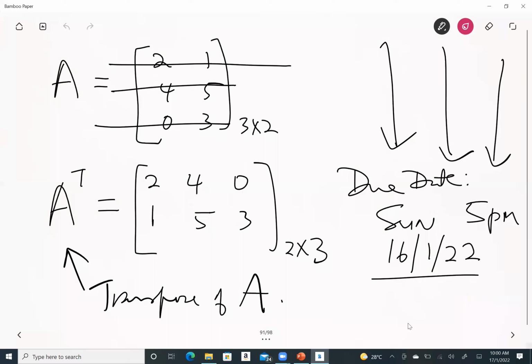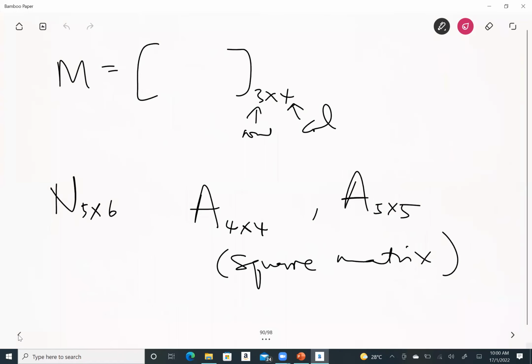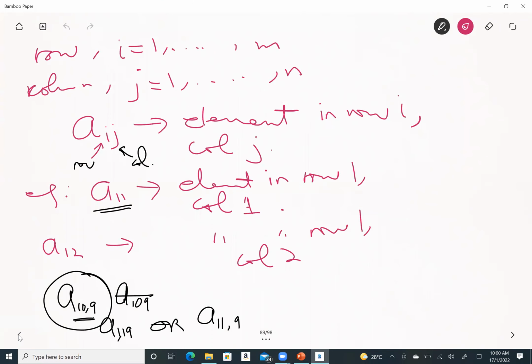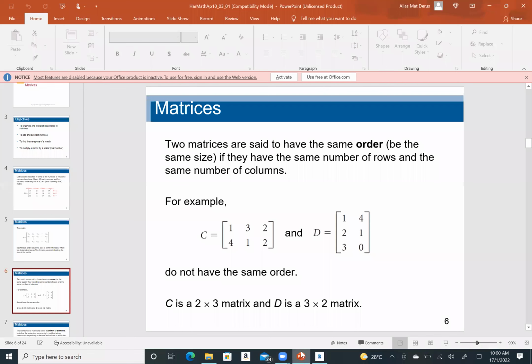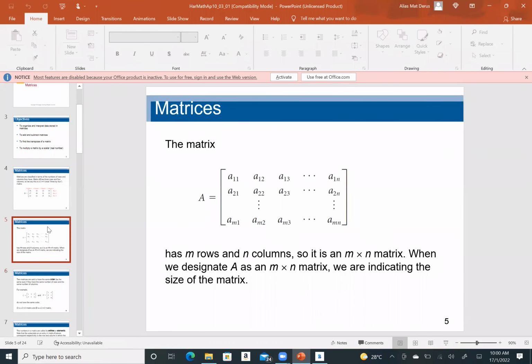We were here. We stopped at the transpose of a matrix. Before that, we were doing the basic concept of matrices. So that we have done. Okay, let's go through this here.